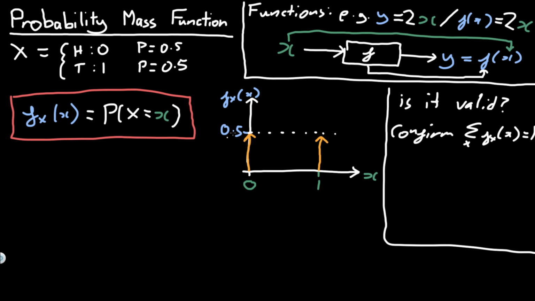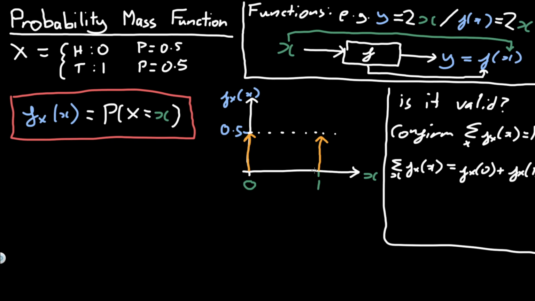So let's take our example again, where we say for the coin flip, we want to test this. So sum over all possibilities of the probabilities. We can say that is, in our case, the function at 0 plus the function at 1.